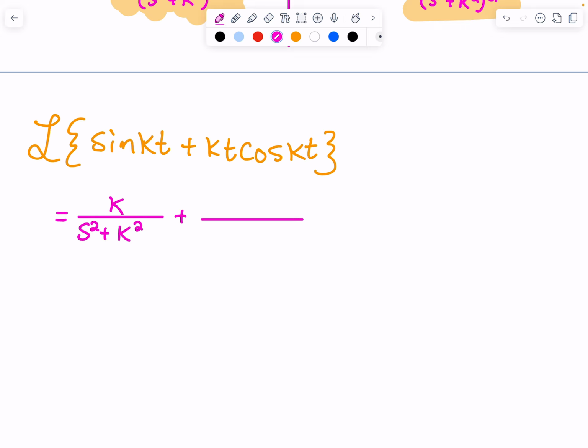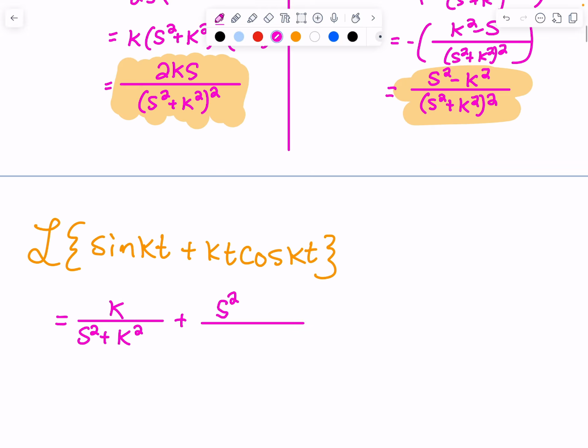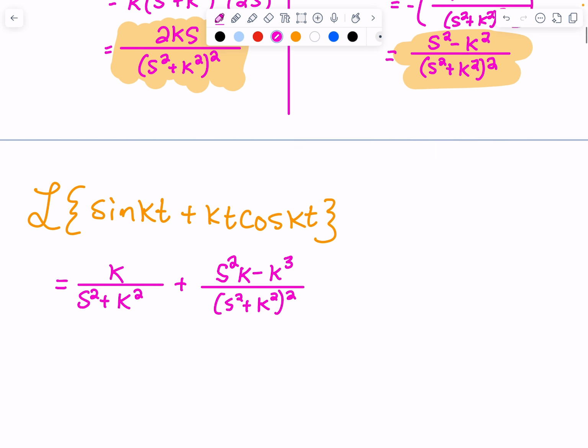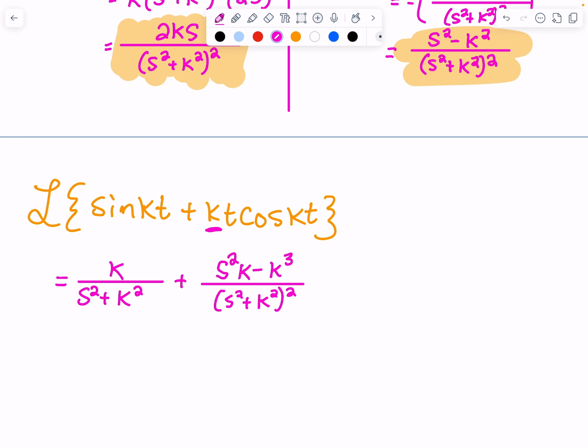We have a k there, so we'll multiply the k through. It was s squared minus k squared on top. So it's going to be s squared times k minus k cubed over s squared plus k squared squared. So that's why everything gained a k, it was right there.